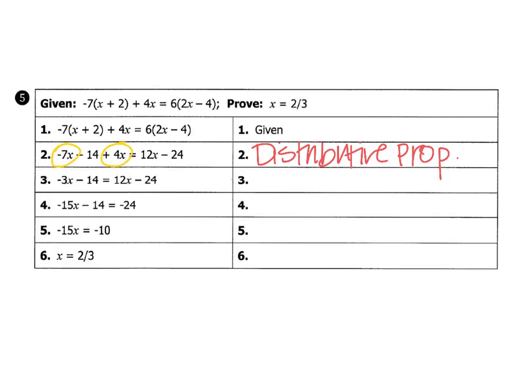So we said negative 7x plus 4x gives us negative 3x. So our reason for this would just be we simplified, all right? So simplify, or you can say combine like terms. I'll accept either of those, okay? Because that's what we did. We combine like terms. Sorry, that's really sloppy. Hopefully you can read that. Combine like terms.